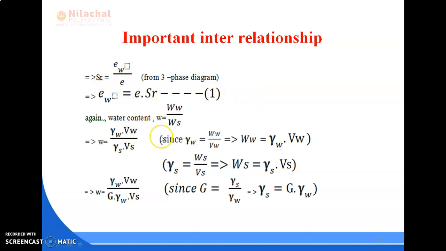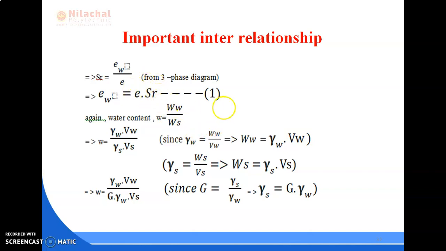Again water content w equals, already we have discussed it in the definitions, w equals Ww, weight of water, by Ws, weight of solid, which implies w equals, we have to change something. So what we have to change? First it is better to write on the right side, after that we put it here. Since gamma w, unit weight of water, equals Ww by Vw, this is the formula, which implies we have to change the value of Ww.